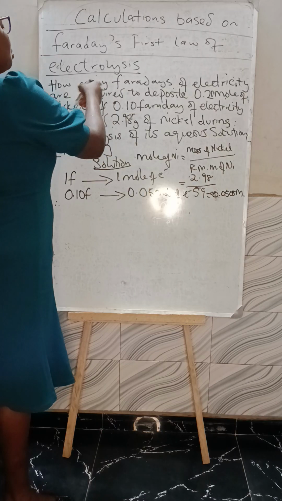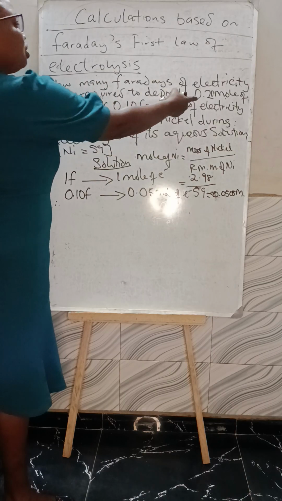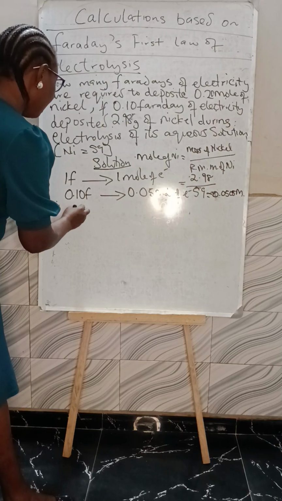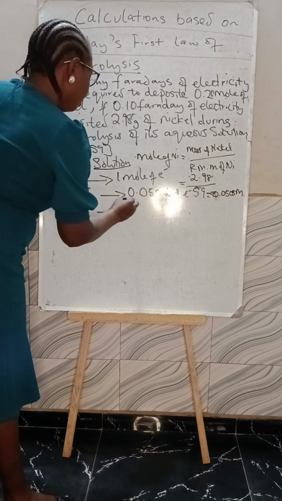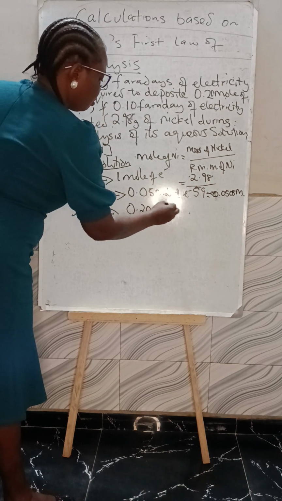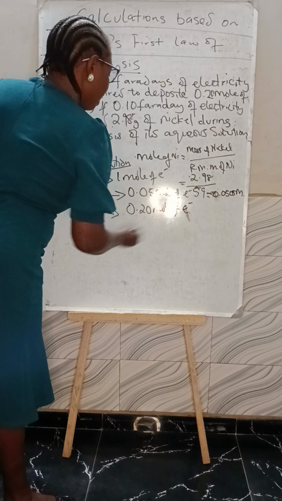Therefore, we are asked to look for the number of Faraday to deposit this mole. The X Faraday to deposit this mole of electron.